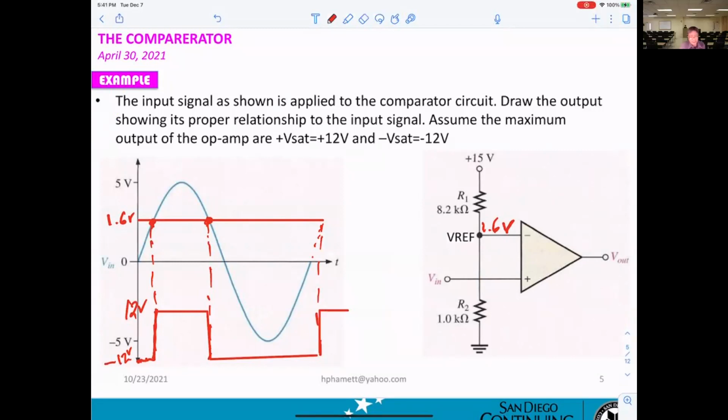You mean for V saturation? Yeah, for saturation, does it need to be symmetric, 12 and minus 12? Positive means 12 volts and negative will be minus 12 volts. Right, but can I use 0? That they gave to you.